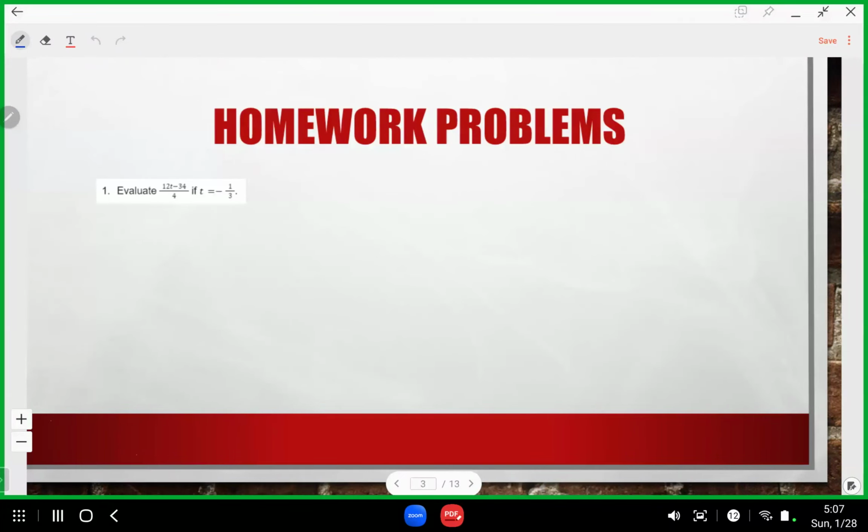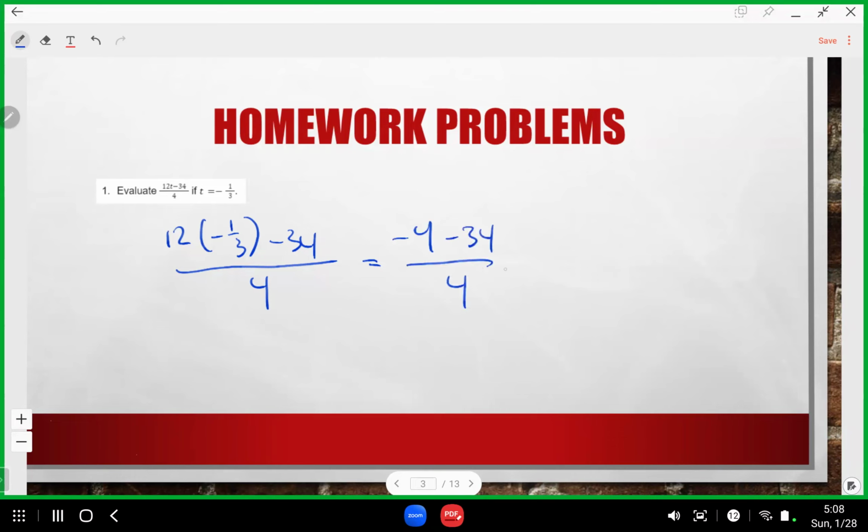Okay, so let's see how we did it. So you just have to substitute -1/3 for t, right? So what is 12 times -1/3? Andrew? -4, right? And then minus 34 over 4. So what did you get? Or what is the top?